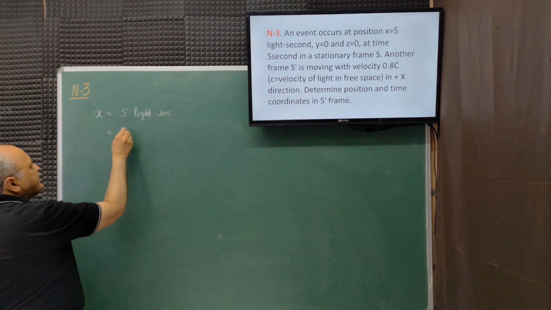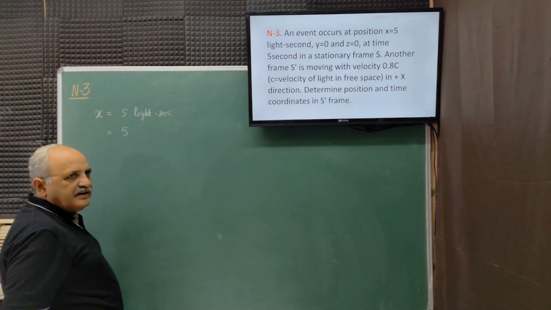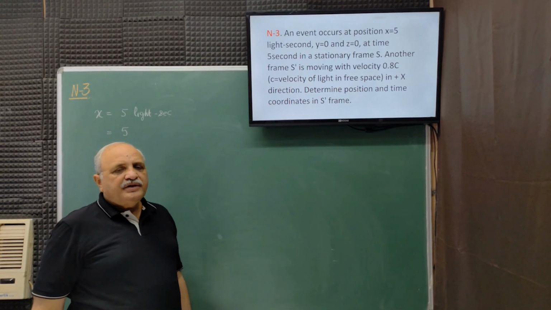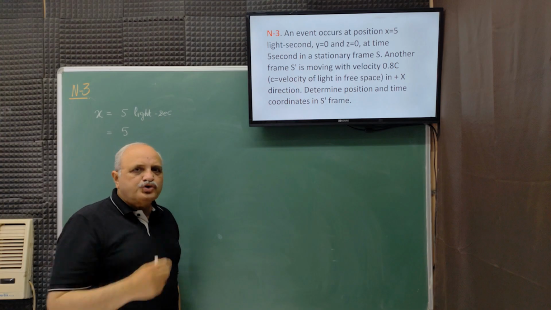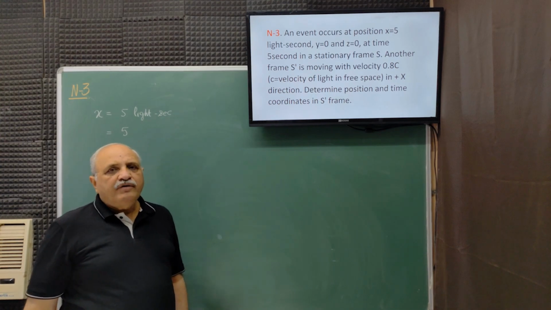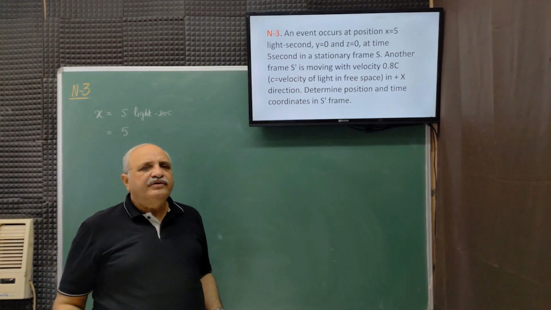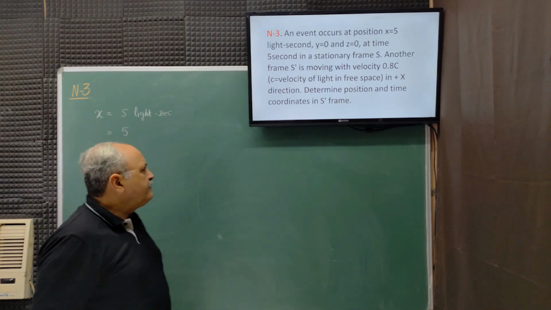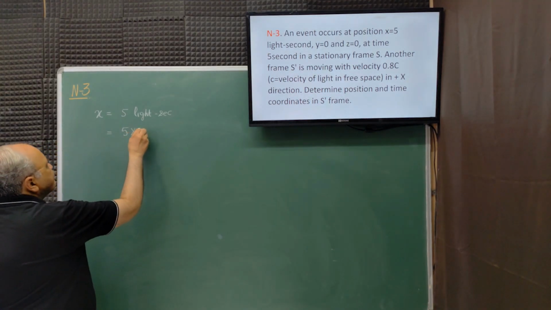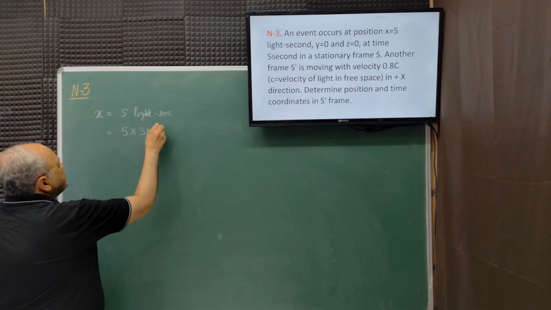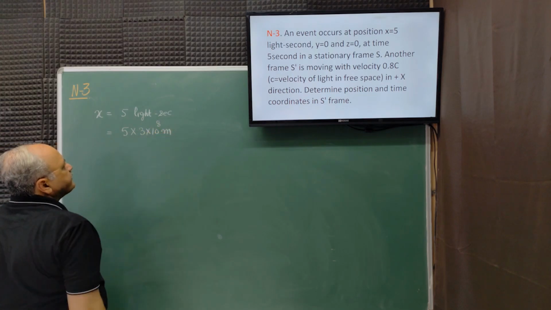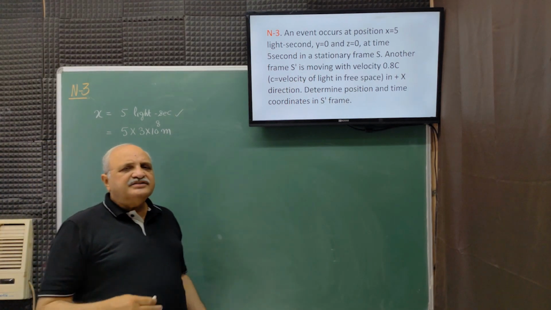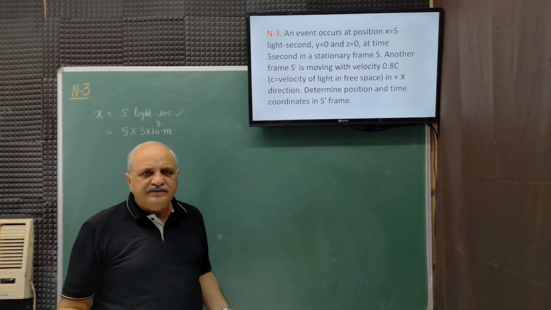Actually it means that this is the distance from the origin to the position that light takes 5 seconds to travel. When the medium is not given, we take vacuum as the standard medium. So in fact this is 5 into 3 into 10 to the power 8 meter. You can keep this unit. So the final answer must be expressed in light second.